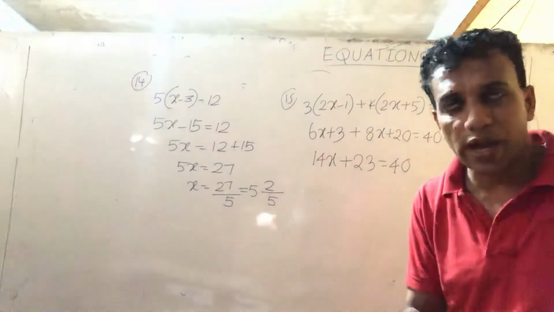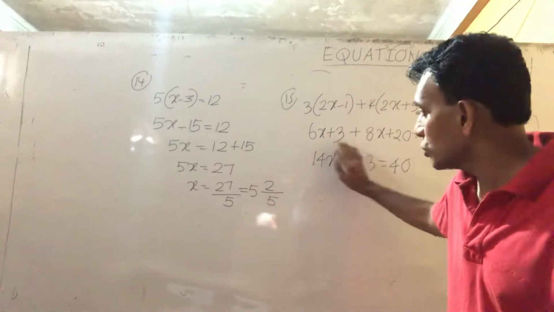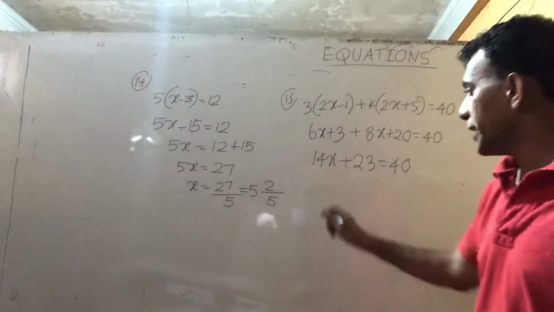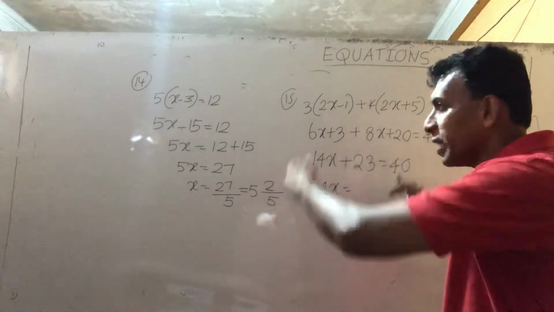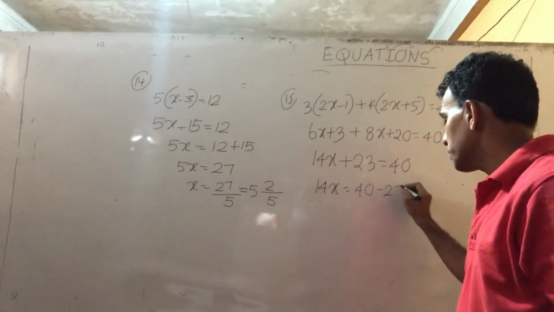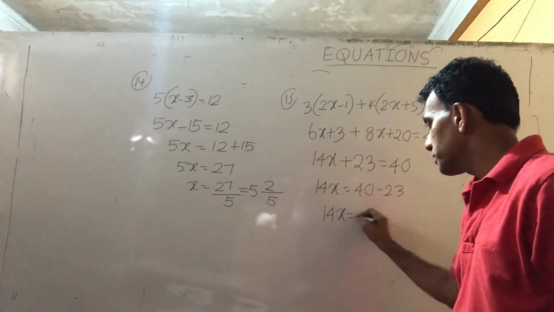How to find the x value? Remove the 23, also remove the 14. First to remove the plus 23 this side, minus 23. So every part I mentioned already in the problems. Minus 23. So 14x equal, what is it?